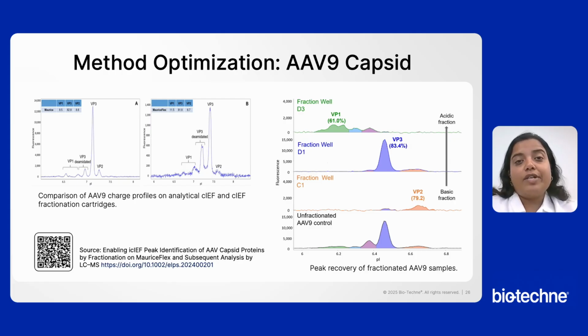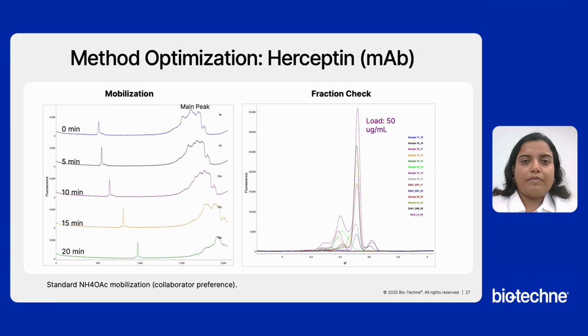This approach addressed a key limitation of traditional icIEF, lack of peak identity, by allowing direct collection and characterization of individual charge variants, thereby confirming capsid protein identity and supporting assessment of heterogeneity and post-translational modification. I would highly recommend referring to the QR code and looking into the article that we published.